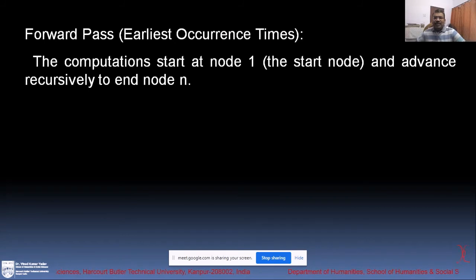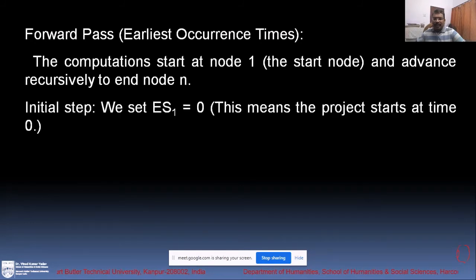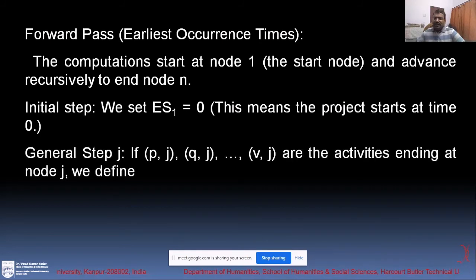Forward pass, earliest occurrence: the computation starts at node 1 and advances recursively to the end node n. Initial step, we set ES1 as 0. This means that the project starts at time 0. General step: next we go to the jth node.